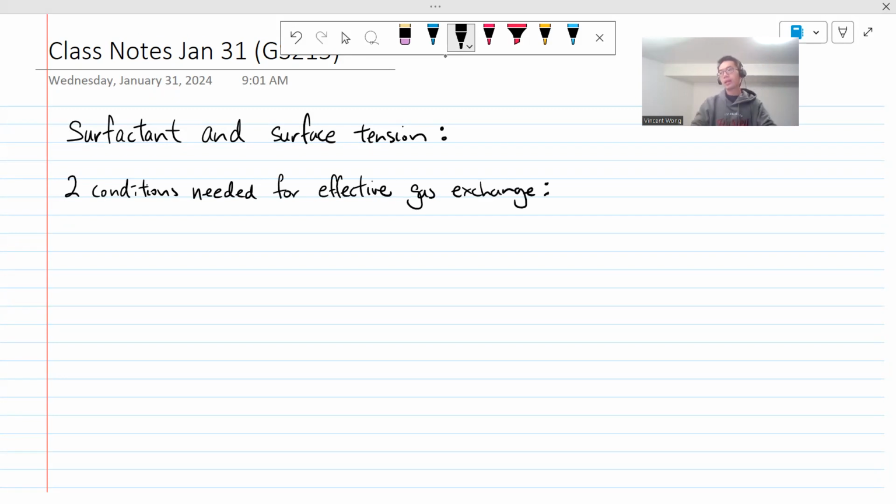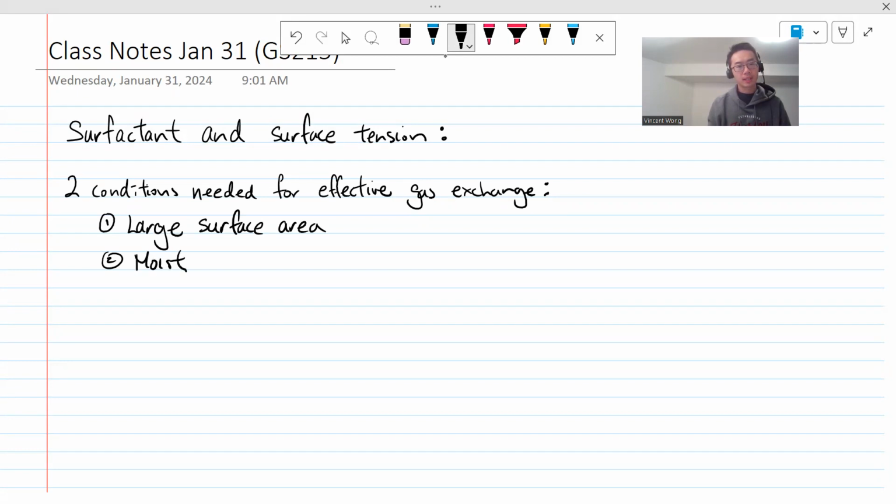When we try to exchange gas, namely oxygen and carbon dioxide, with the environment, we generally need two conditions. Number one, large surface area. And number two, moist surface.